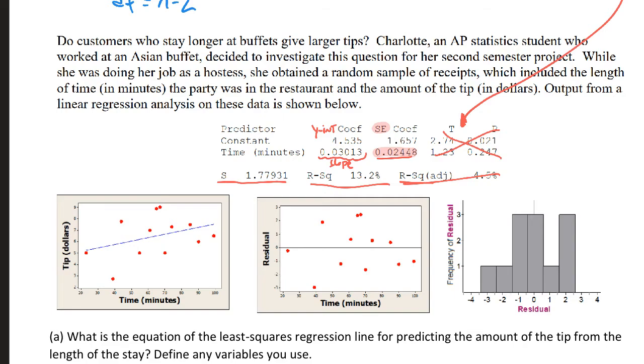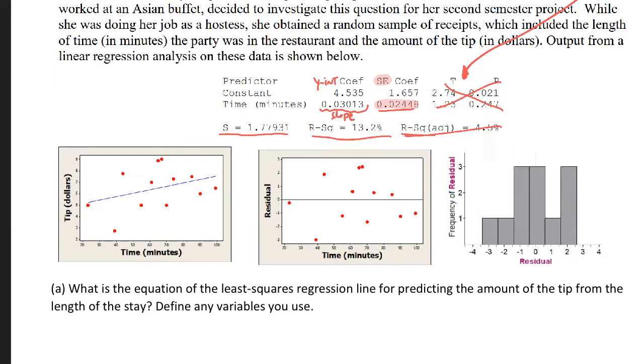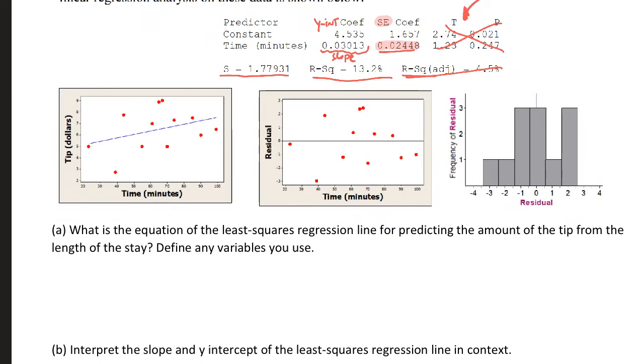Okay. What is the equation of the least squares regression line for predicting the amount of the tip from the length of the stay? Define any variables you use. I'm not going to use any variables, I'm just going to write words. Predicting the tip: tip hat is equal to the y-intercept from the chart, plus, because it's positive, 0.03013 times the slope.